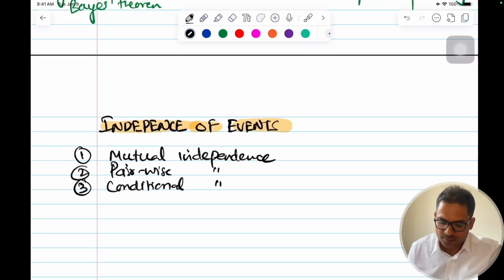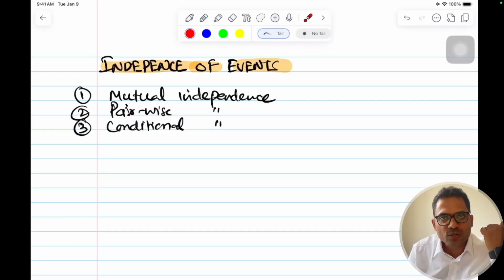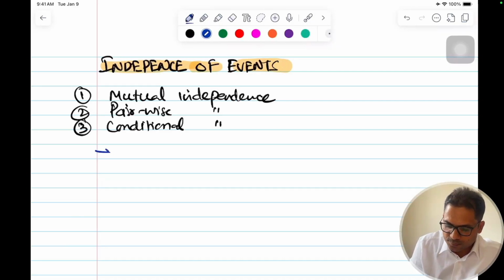What was the meaning of independence of events? That the occurrence of one event does not influence the occurrence of the other event. Let me write it down.